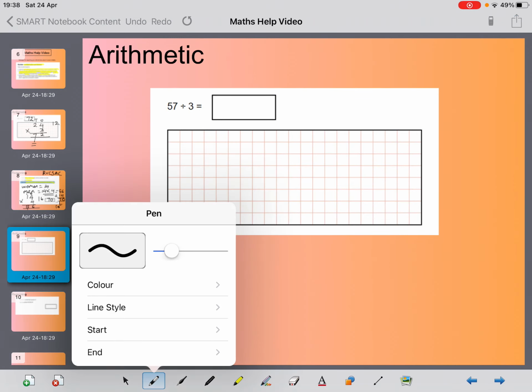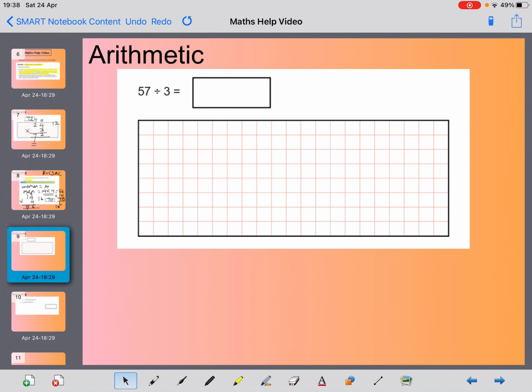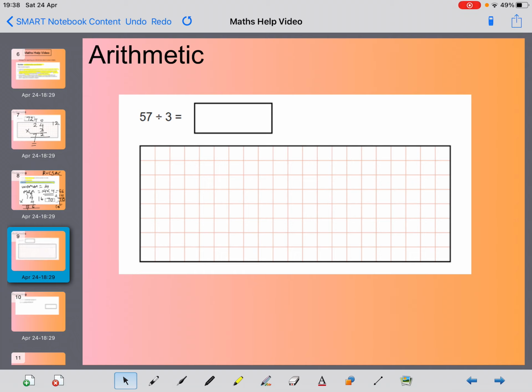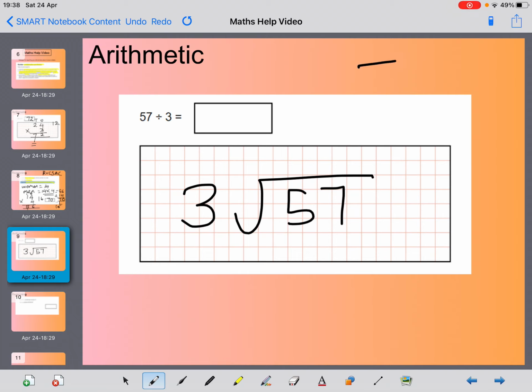So here we have a division problem. Let's make that bigger. When it comes to dividing, we use the bus stop method. So we put the 57 inside the bus and the 3 outside. Now, unlike multiplication, when it comes to dividing, we start with the tens first. Okay, with every 2-digit number you start with the tens first.